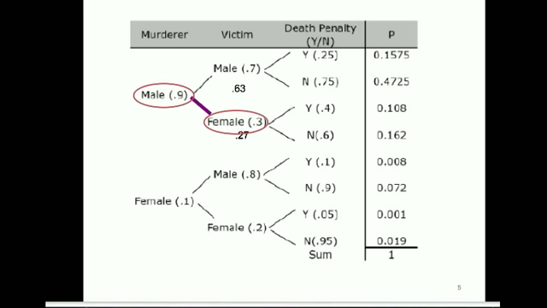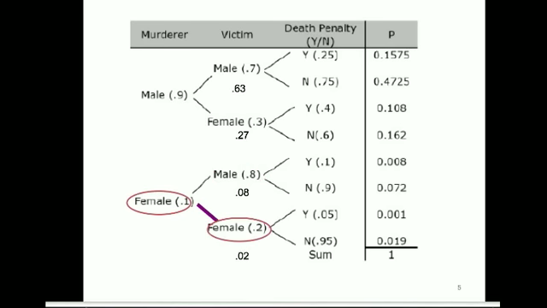So in the mirror image, down below for females, we need to come up with, on that node there, 0.1. And we'll get that by multiplying 0.1 times 0.8, which gives us 0.08, and 0.1 times 0.2, which is 0.02. So these 4 right here, when you total them up, 1. Okay?